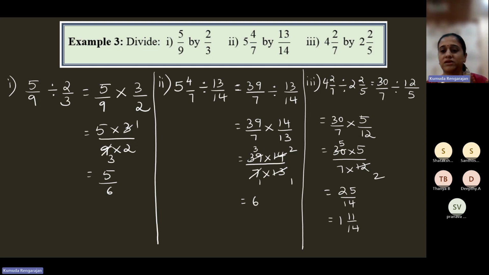30 by 7 divided by 12 by 5, 5 by 12, 25 by 15. Okay. Where have you gone wrong? Please check if you've written the question correctly. Yes, ma'am, I have. Oh, 1 minute.